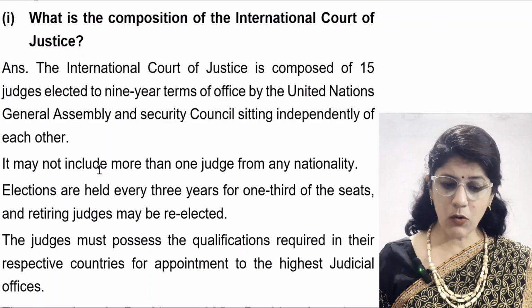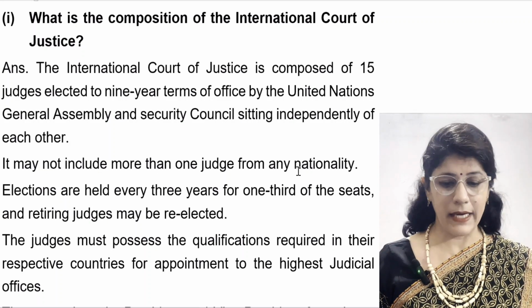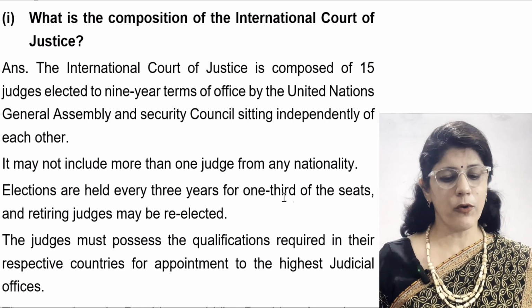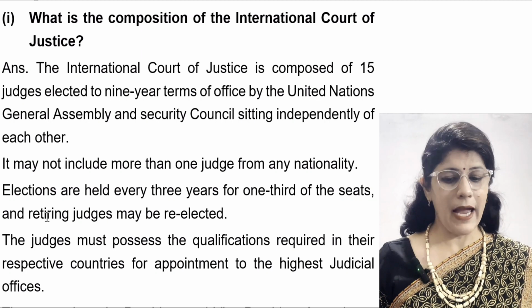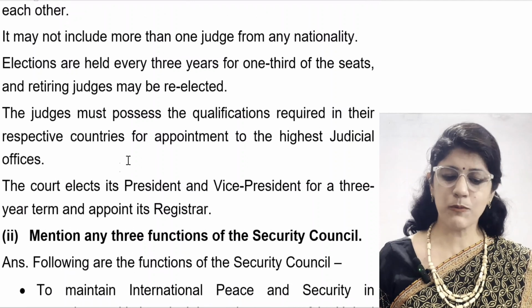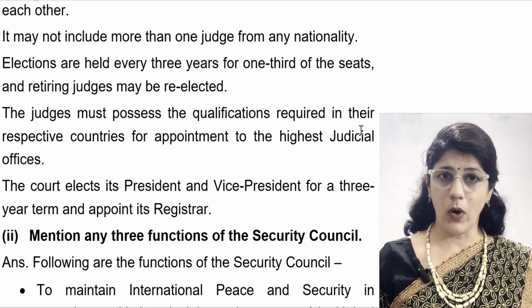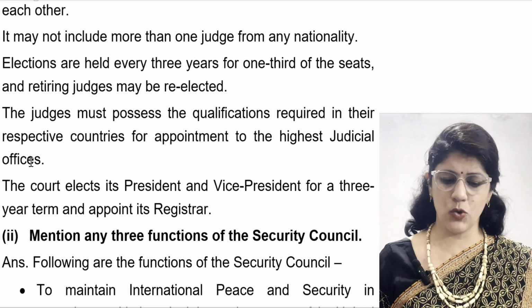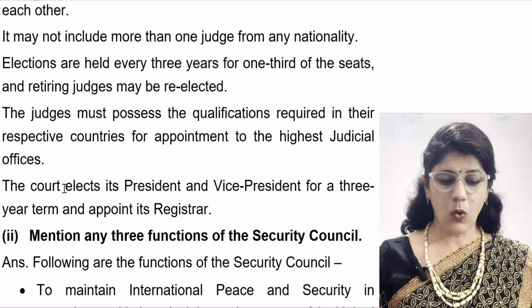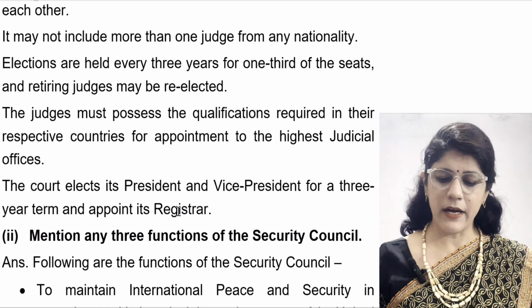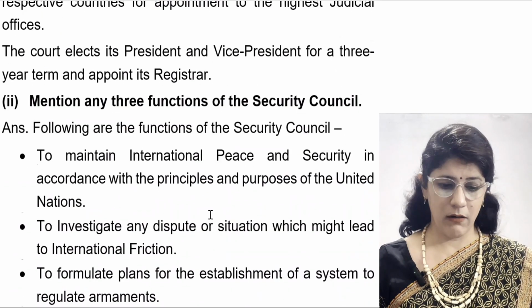It may not include more than one judge from any nationality. Elections are held every 3 years for 1/3 of the seats and retiring judges may be re-elected. The judges must possess the qualifications required in their respective countries for appointment to the highest judicial offices. The court elects its president and vice president for a 3-year term and appoints its registrar.